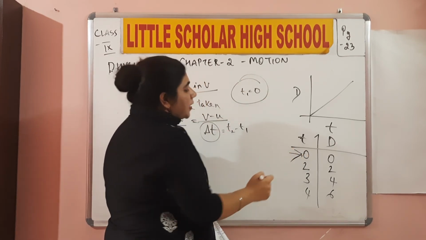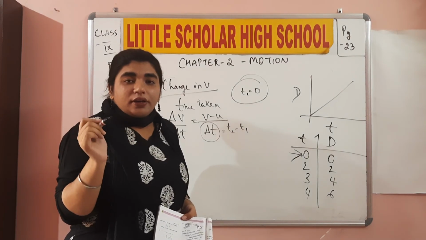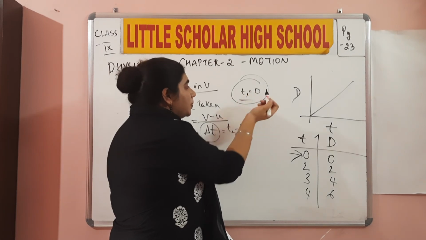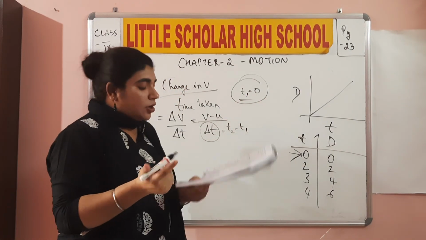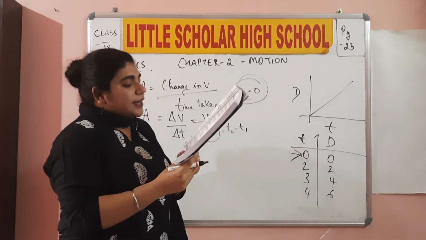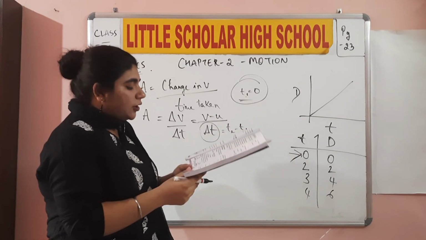Can you see the first entry that we always give in a table? At the 0th second, the body traveled 0 meters or 0 kilometers. That is why the t1 value will be taken as 0. Do you understand? So here, let v be the velocity at the time t, and let s be the displacement covered by the body during time t, as shown in the figure.